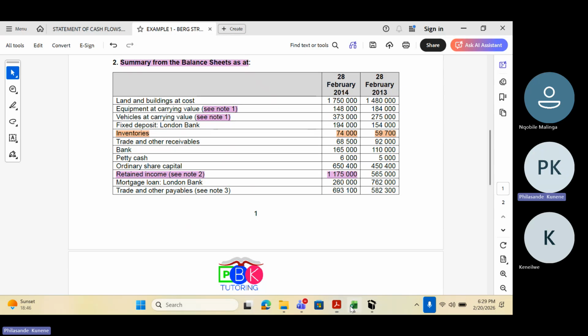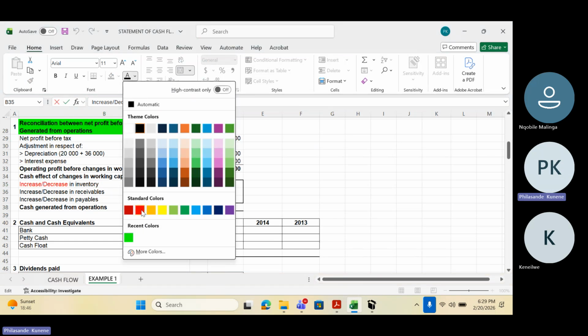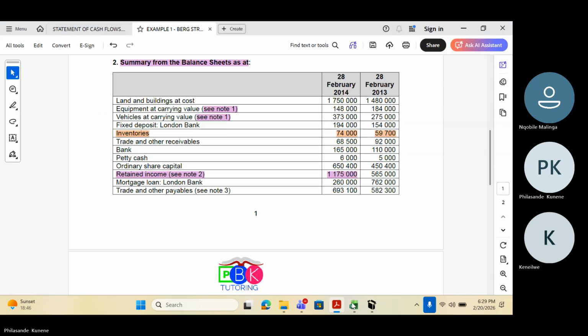Looking at the note, it says increase or decrease in inventory. First, I need to remove one between the two, because either the inventory will increase or it will decrease. Let's go and check. From the previous year, inventory was 59,700 rands, and in the current year, it is 74,000 rands.